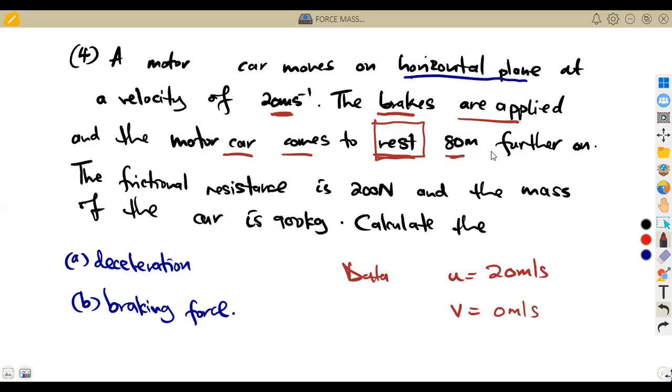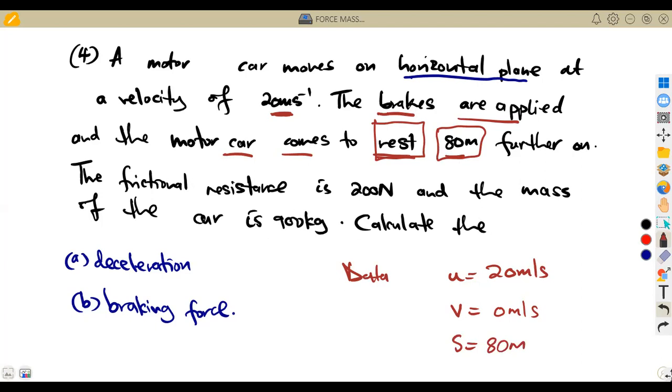80 meters further, meaning that when the brakes were being applied, it took the car 80 meters, the distance traveled, for it to come to rest. So we have the displacement, or the distance, of 80 meters.